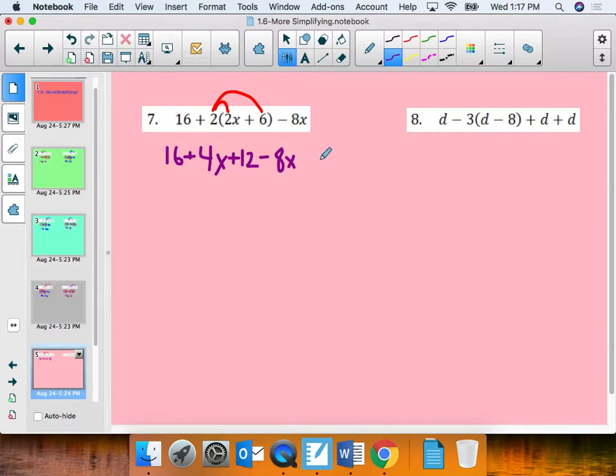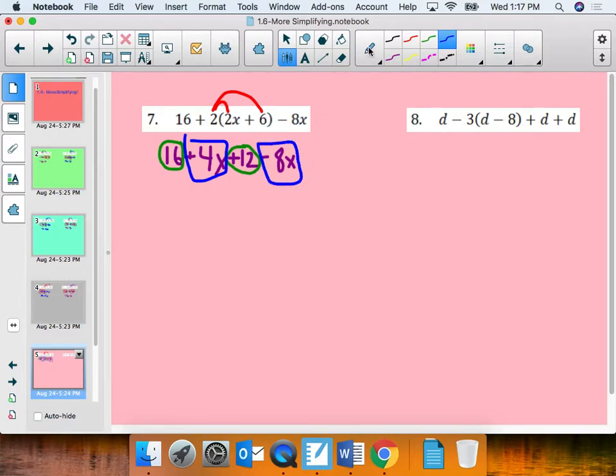So as we look at this expression that we've created, we do have some like terms in here. So positive 16 would be a like term with positive 12. And then 4x would be a like term with negative 8x.